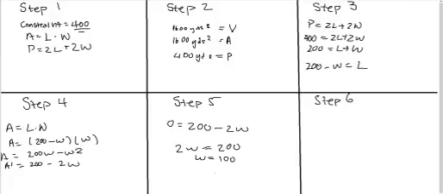And we're going to plug that back into our perimeter formula and say that P is equal to 2L plus 200, and we're going to put back our constraint, 400 minus 200 equals 2L, and so L is equal to 100 as well.